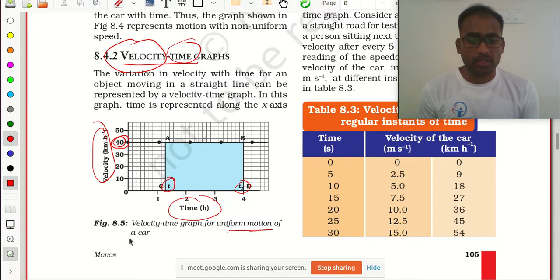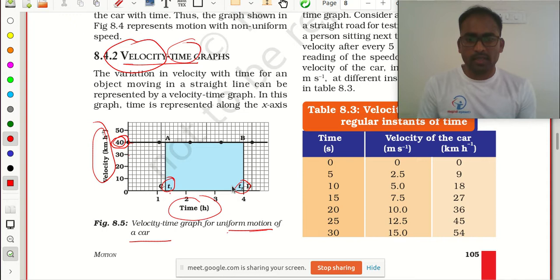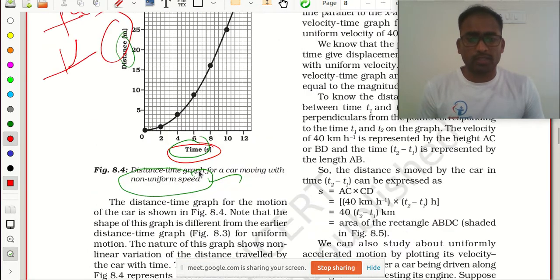It can be 2 seconds, 3 seconds, 5 seconds, 7 seconds, anything. We have two different instants, that is why I am taking T1 and T2. So now I need to calculate the velocity.